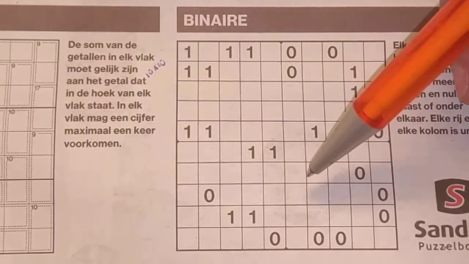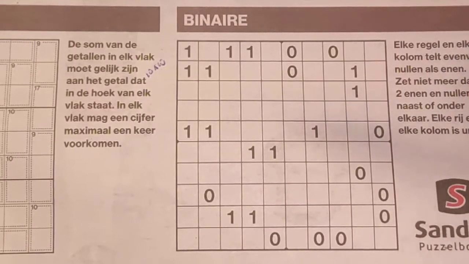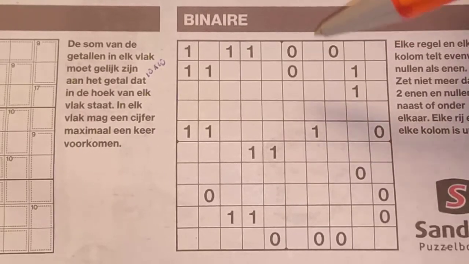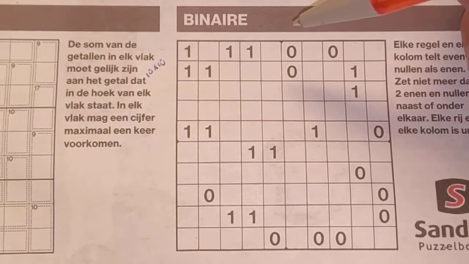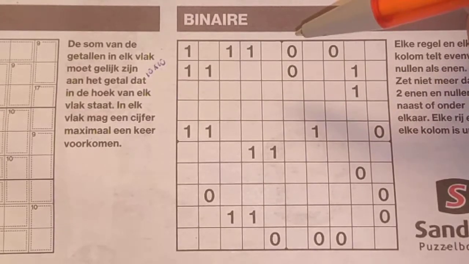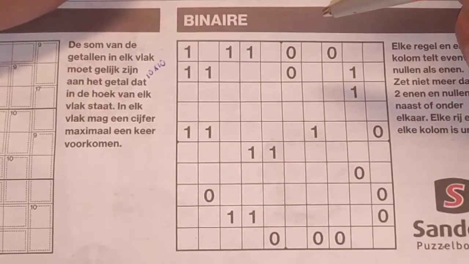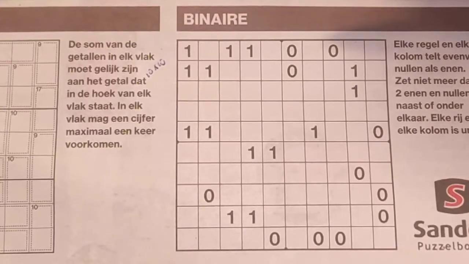There are always 5 ones and 5 O's in a row and in a column. Don't forget that another rule is that no identical rows or columns are allowed. Alright, so let's get started.